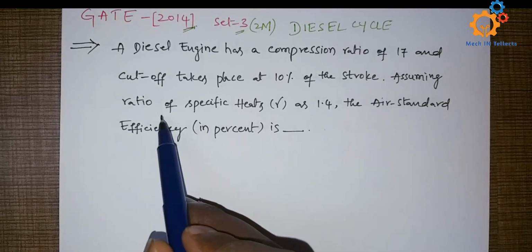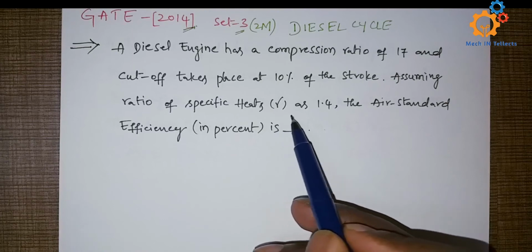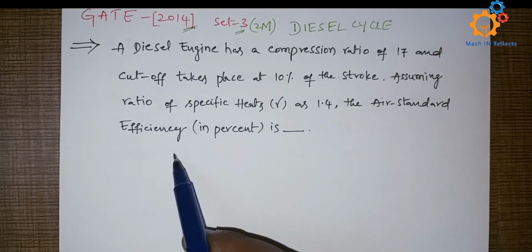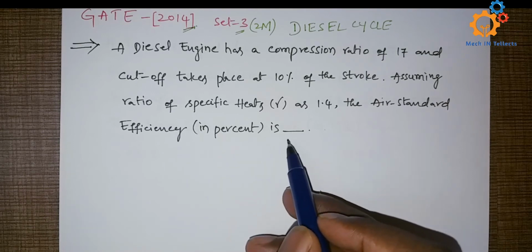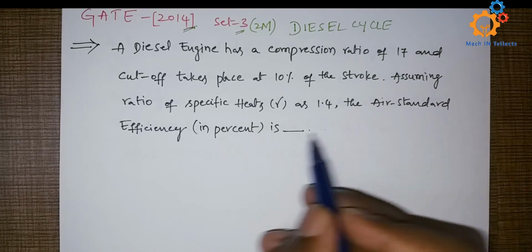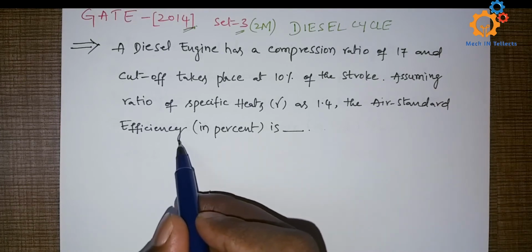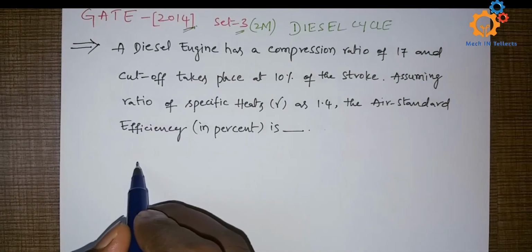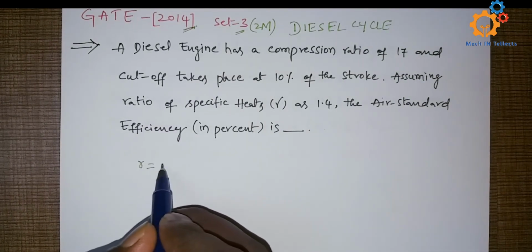Assuming ratio of specific heats gamma as 1.4, the air standard efficiency in percentage is asking the air standard diesel cycle efficiency. He has given compression ratio, that is compression ratio R is equal to 17.